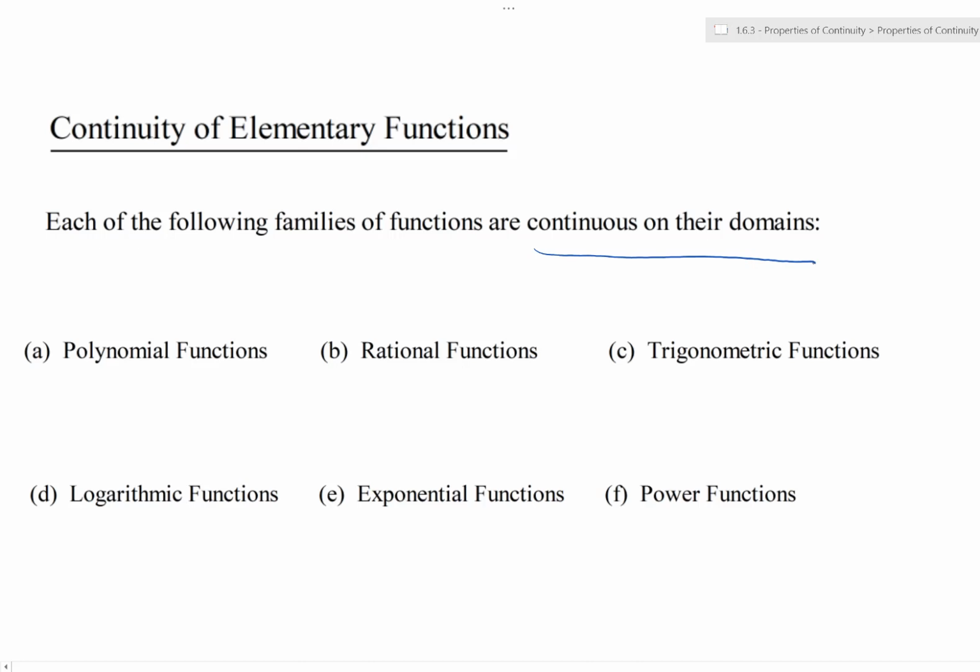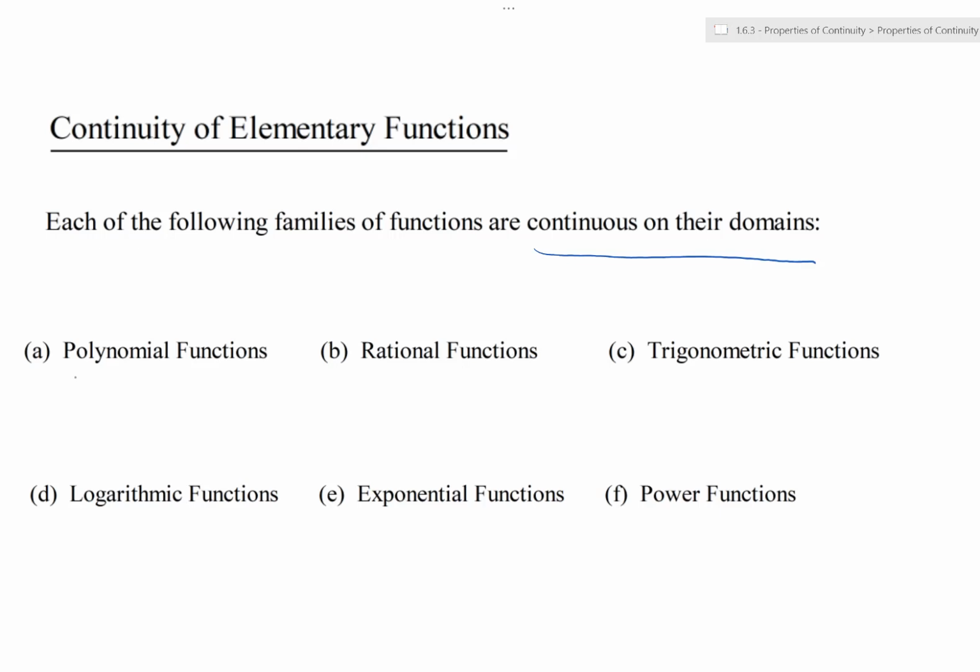As long as the function is defined, it will be continuous at the location. Now, some of these families of curves, you might be thinking, well, they're not defined everywhere. There are definitely locations for which they can be undefined. And that's okay, because we're not saying they're continuous at the places they're undefined. As long as they're defined, they will be continuous.